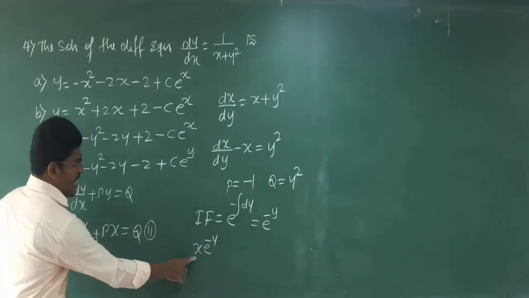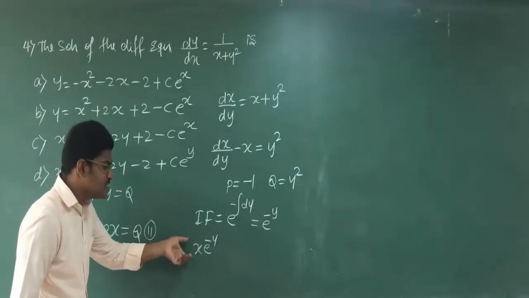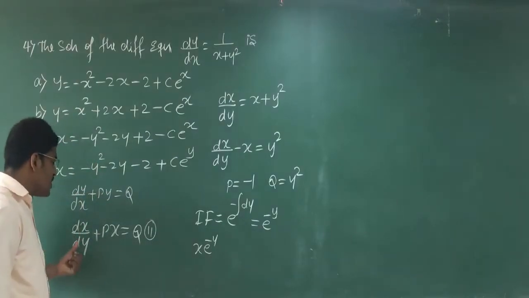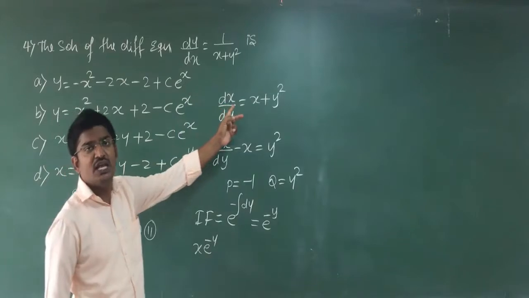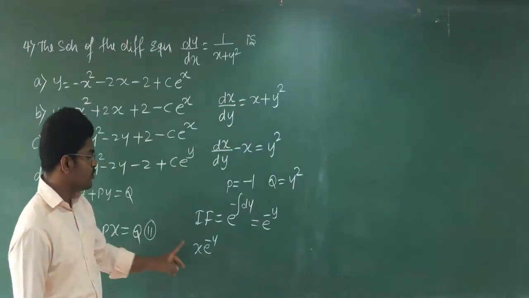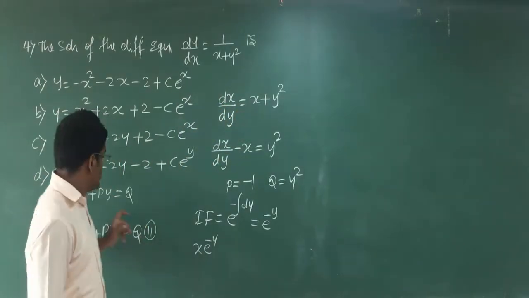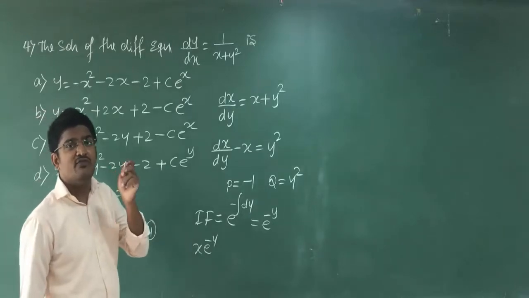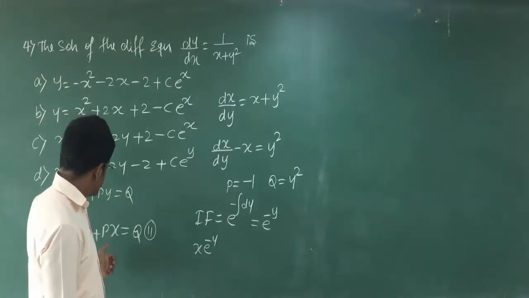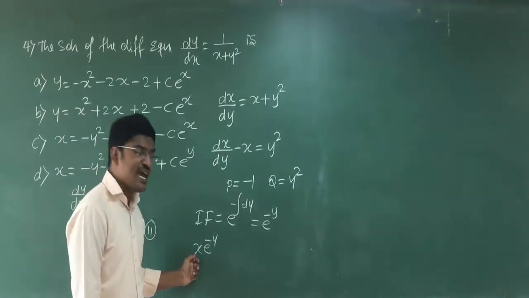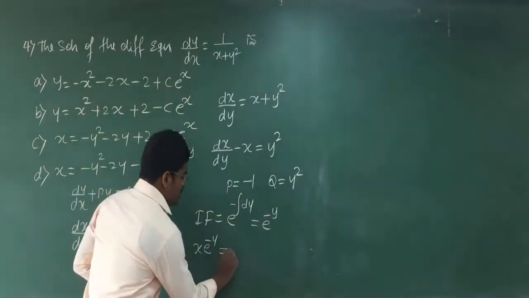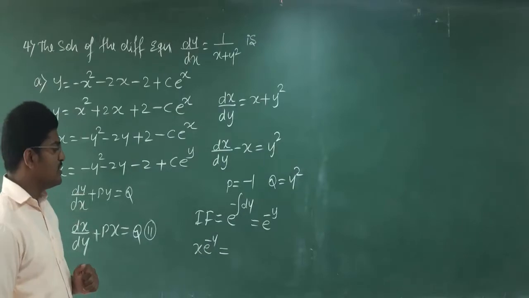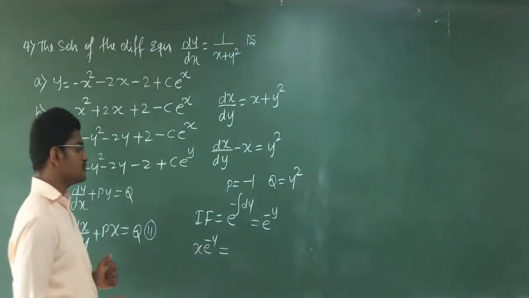Why x? Because dx by dy plus px equal to q is the form of your differential equation. In this form you multiply x, in the first form you multiply y. So in the second form, x into e to the power of minus y will be equal to what?